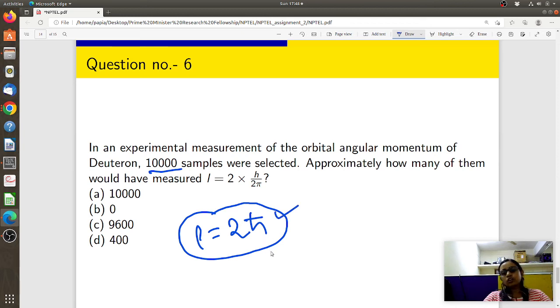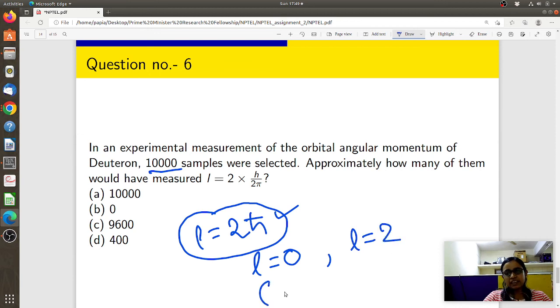For that question, I would like to recall a question from the previous week, where it was asked what the value of the magnetic dipole moment of the deuteron would be. For calculating mu, the magnetic dipole moment of the deuteron, we need two states: one state with L equals 0 and another state with L equals 2.